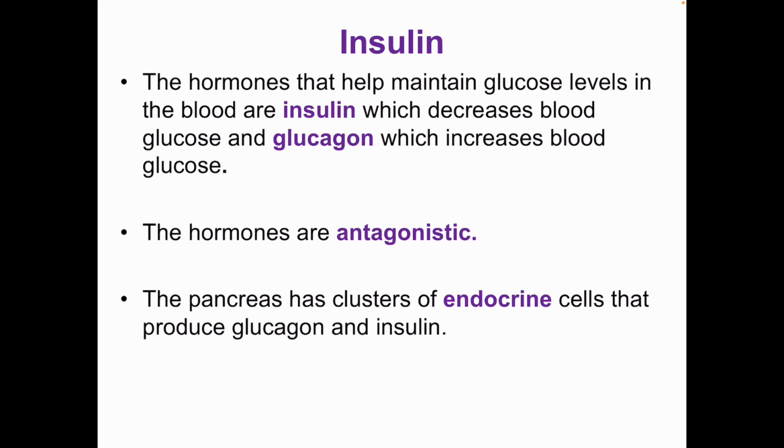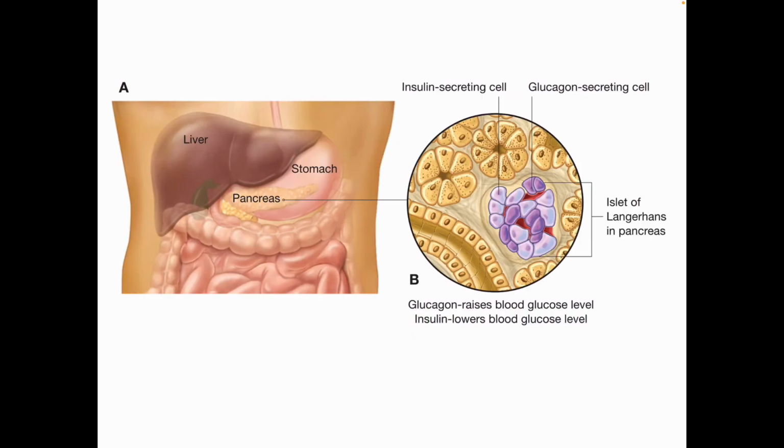The pancreas has got clusters of endocrine cells that produce glucagon and insulin. And you can see these here in the diagram. There are cells, a cluster of cells in the pancreas called the islets of Langerhans. You don't need to remember that name. And you have some that secrete insulin, and you have some that secrete glucagon.